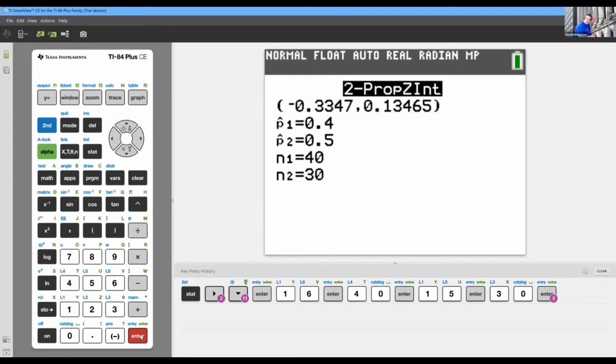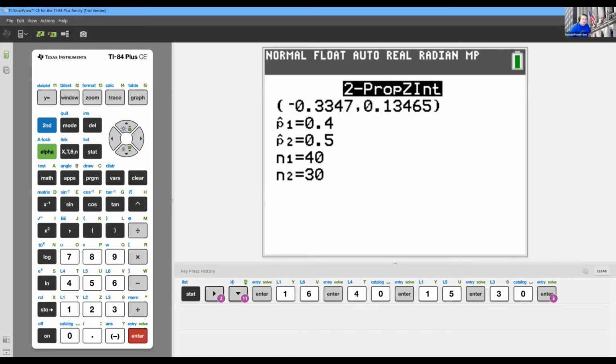And the answer we get this time is negative 0.3347 to positive 0.13465, which is overkill. Let's pretend it was 2 decimal places this time. You'll see what I'm writing in a few seconds.